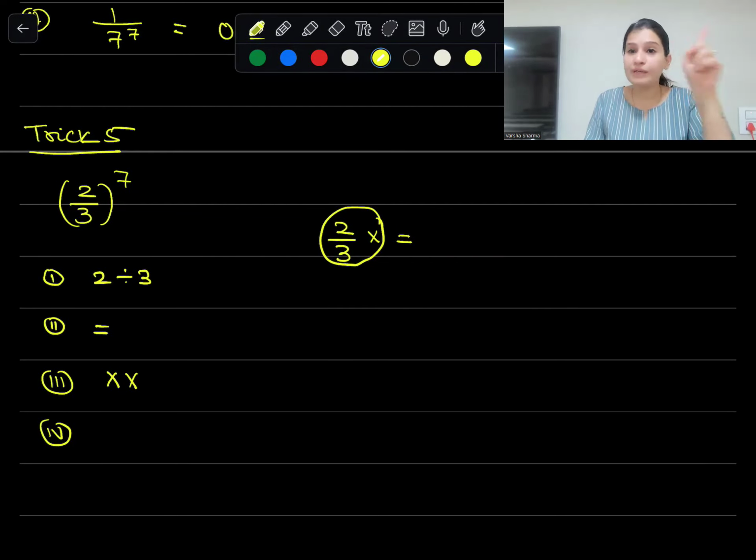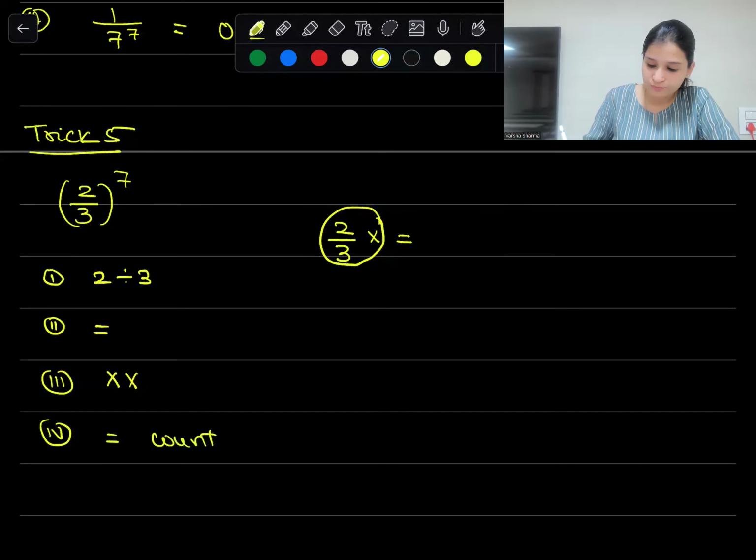But right now, my numerator has to be multiplied by 2 and I have to divide the number by 3. Both things have to be done together. That's why I first calculated 2 divided by 3. Then I press equal to and the count starts from 2.